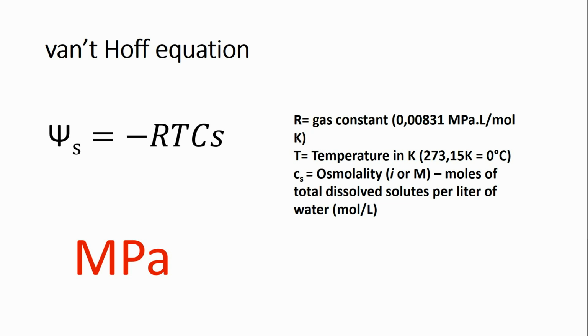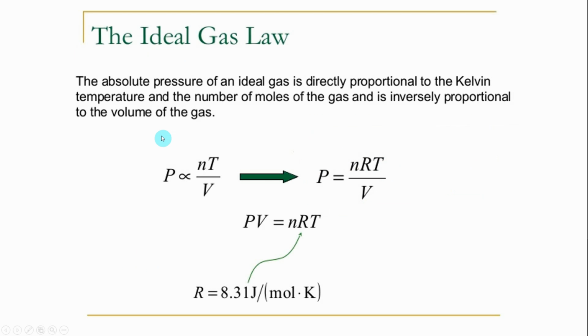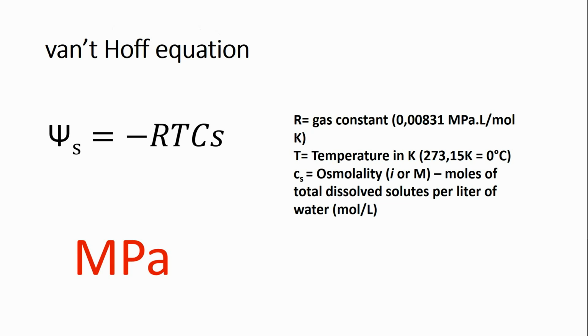So, solute potential, always negative, and it's negative here. Now you can see because of that R in this equation where and how it is derived from the ideal gas law. All right, I hope that makes sense. Do not panic about being able to calculate anything. You do not have to calculate it, you just have to understand what the equation calculates. All right.